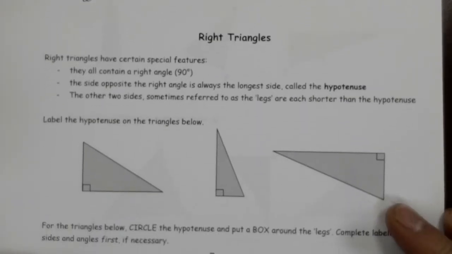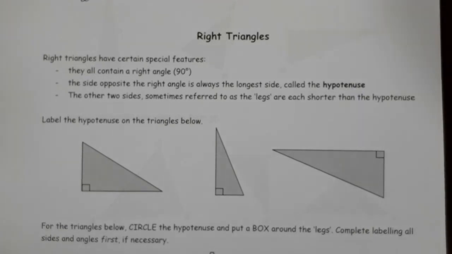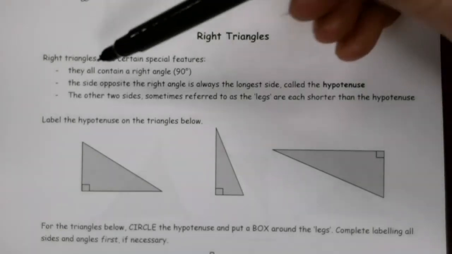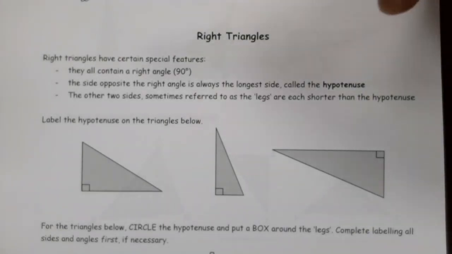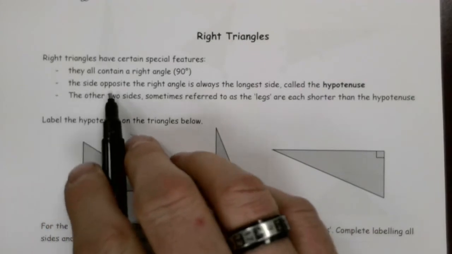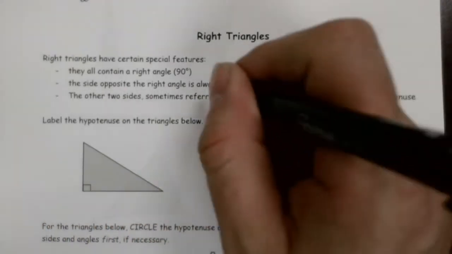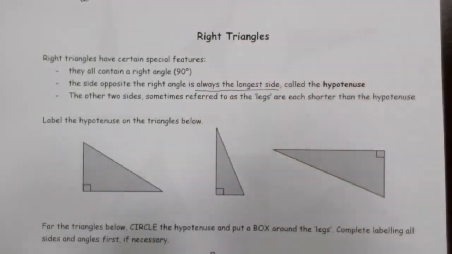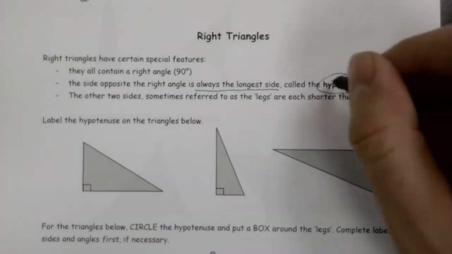Now let's take a quick look at and talk about right angle triangles here. So right triangles have certain special features. First of all, they contain one right angle, a 90-degree angle. Now, the side opposite the right angle is always the longest side, and it's called the hypotenuse.